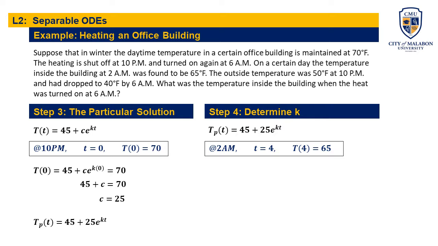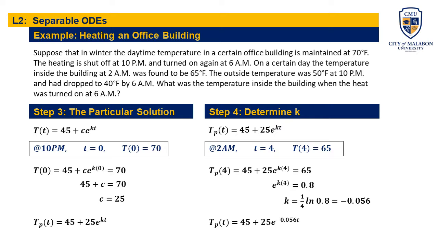So this will be our condition to solve for the value of k. Let us substitute the values, which will yield k is equal to negative 0.056.